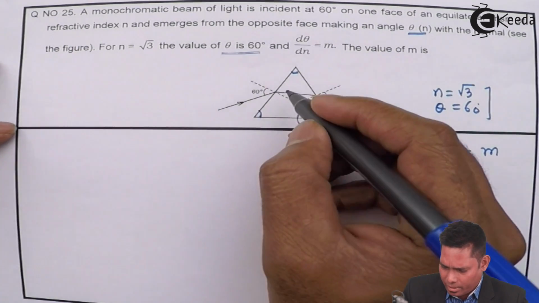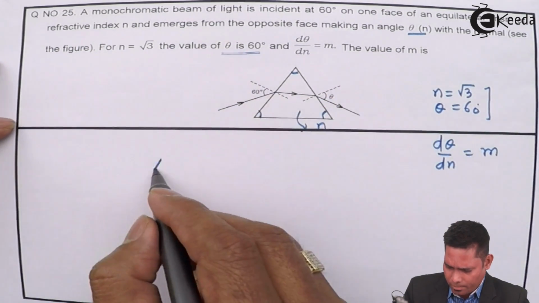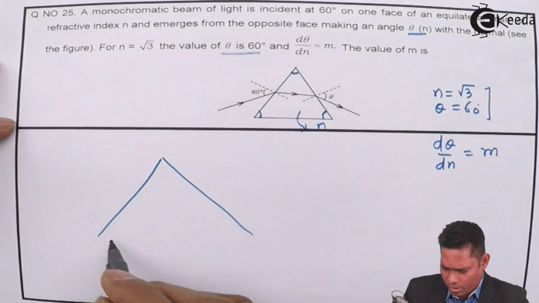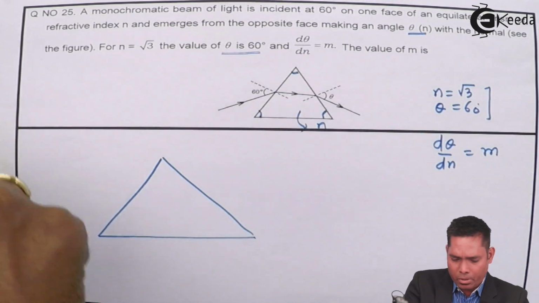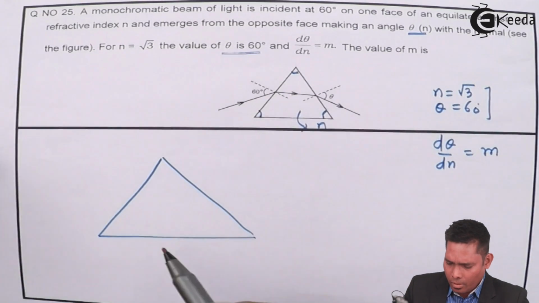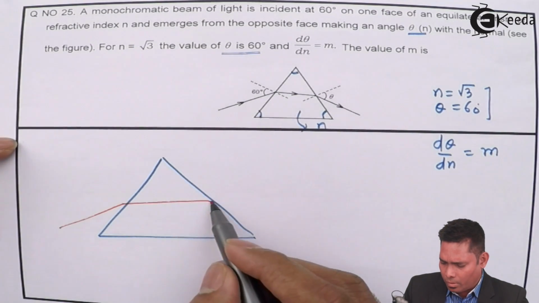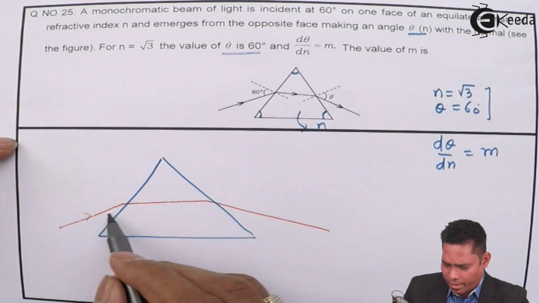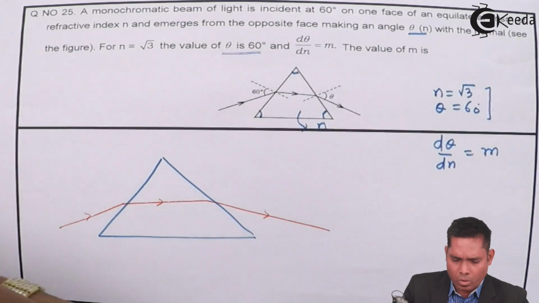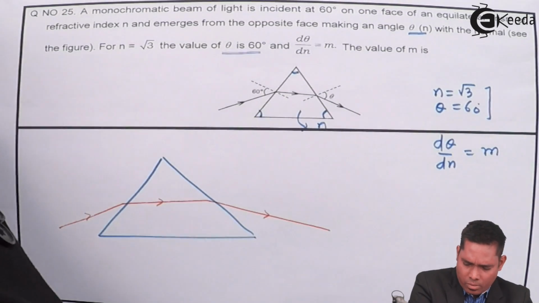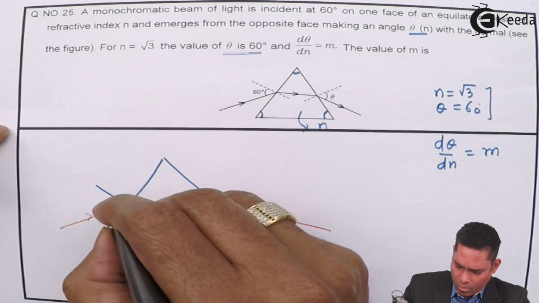So this is the situation: an equilateral prism, and the ray enters and leaves like that, monochromatic in nature.